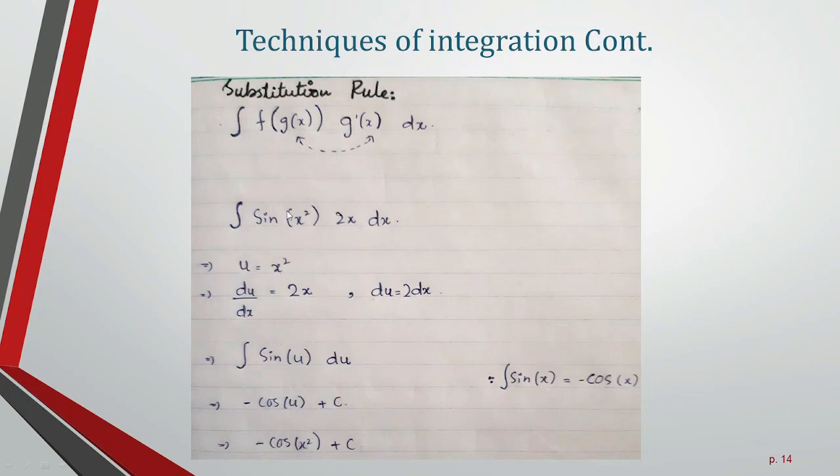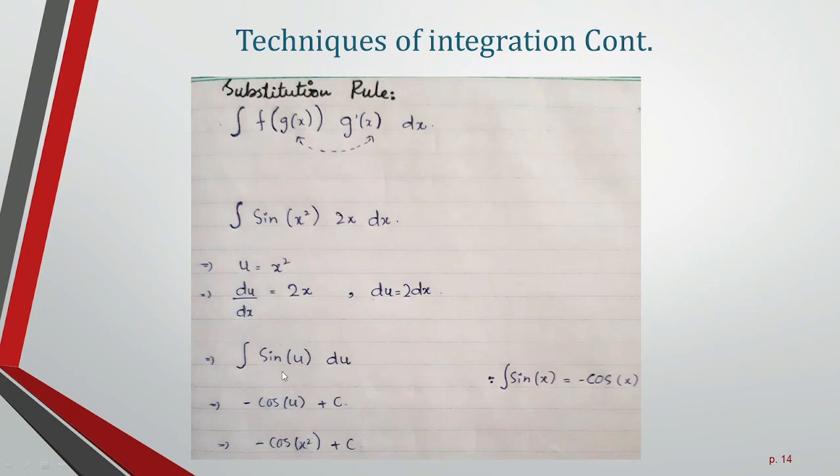Let u equal x squared. Differentiating this to find the value of dx: du over dx is equal to 2x, so du will be 2x dx. Substituting these values of u and du in the question, we get the integral of sin u du.